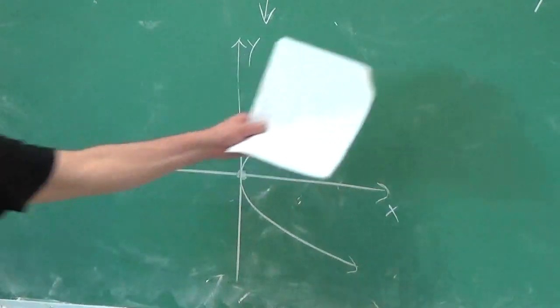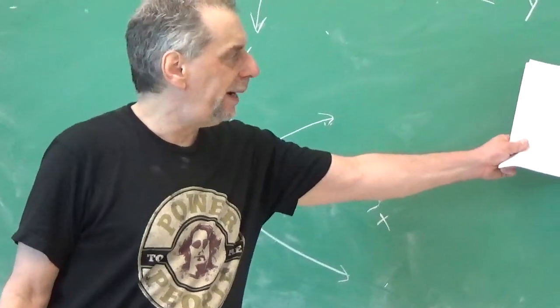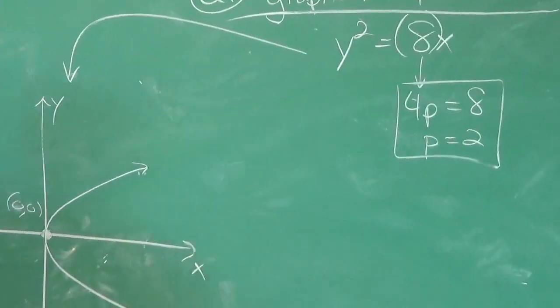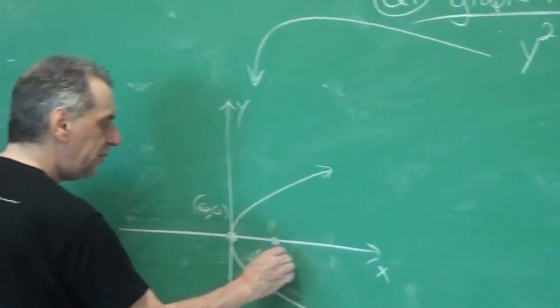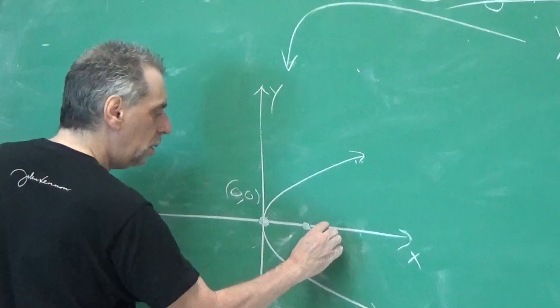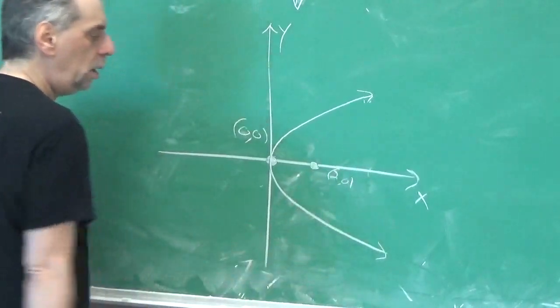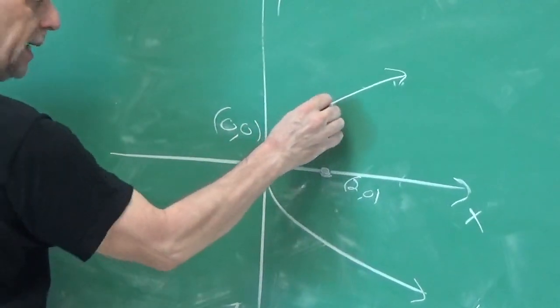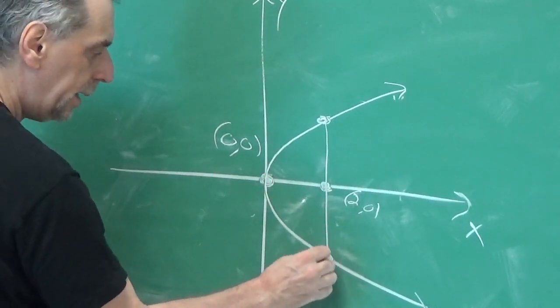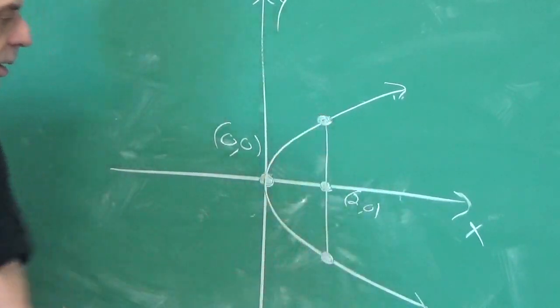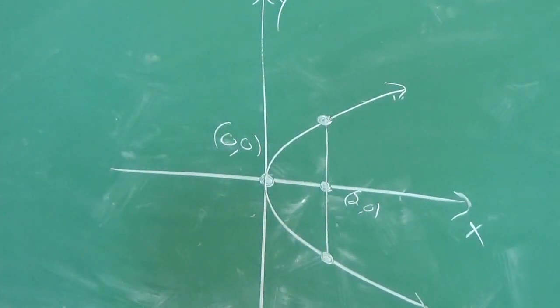The number in front of the x is 4p. We solve for p, we get 2. So we go 2 units over to find the focus. So we know the focus is at (2, 0). The latus rectum is the line that goes through the focus and connects to the points on the parabola.